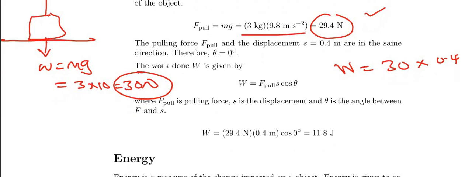If you multiply this, what does it give us? Here I'm getting 12 Newton meters, or 12 joules. That's the work that I'm supposed to get. And it's in the positive direction because we are lifting it up. You would get the other answer if you use 9.8.